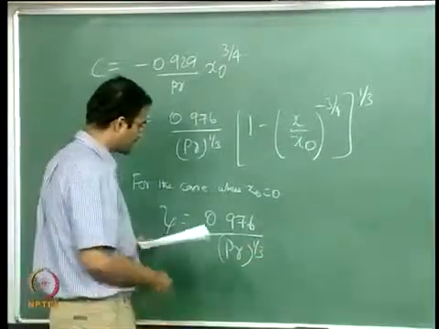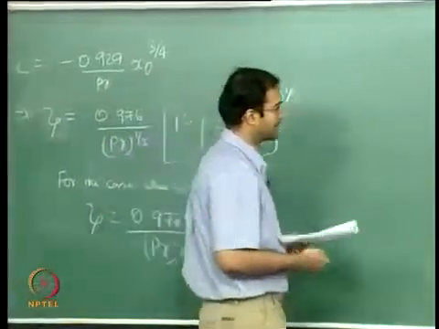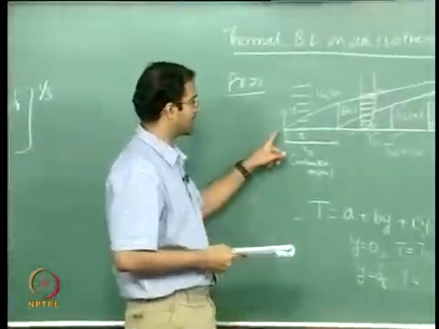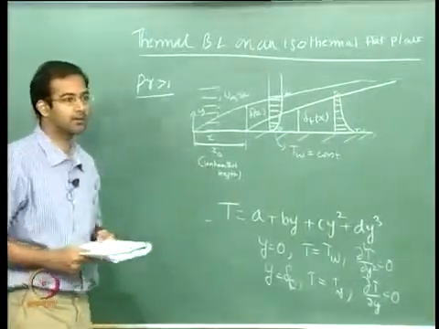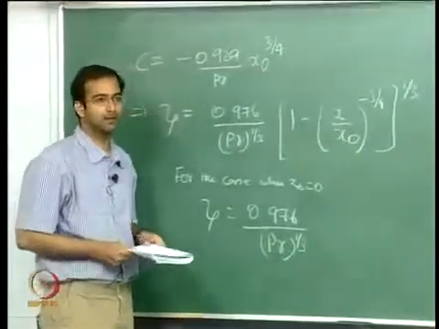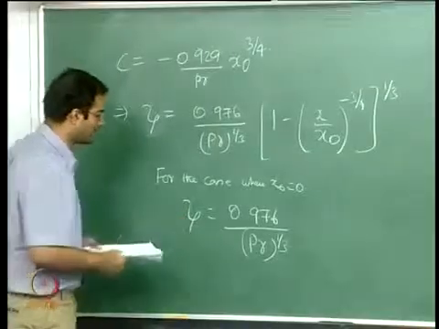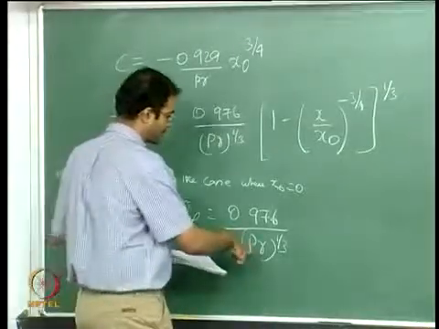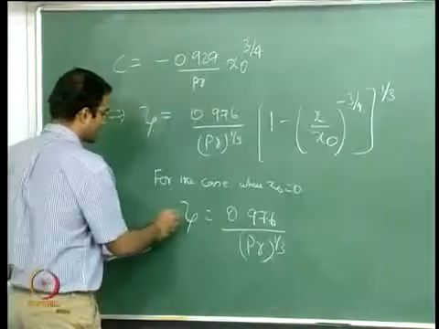Also for the case where it is heated right from the beginning, for a given Prandtl number the ratio of delta T by delta will be constant, because Prandtl number is a constant. Therefore you can see from this expression, for a given Prandtl number the zeta will actually be a constant if you do not have an unheated length.